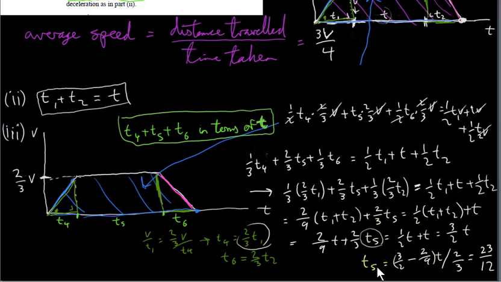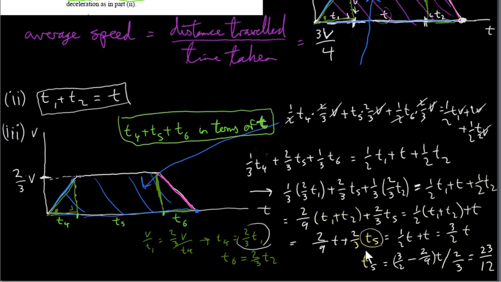So let's get t5 in terms of t. We want to get t4 plus t5 plus t6 in terms of t, so we'll have t5 in terms of t here. We have a half times t, this thing was t I said, plus 1t, a half plus 1 is 3 halves t. We have 2/9 t here.